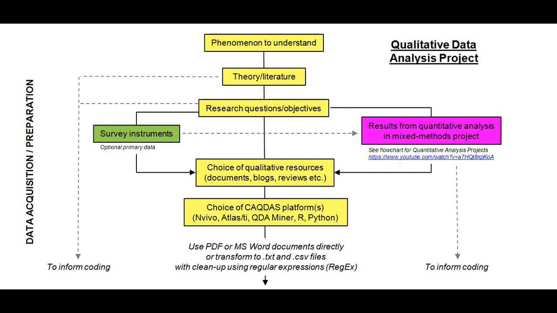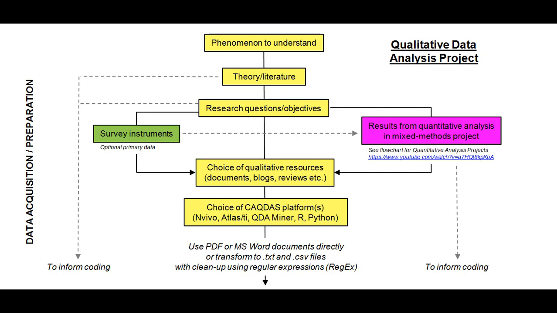The analysis of quantitative data in a mixed methods approach may also inform the choice of qualitative resources to be analysed. For computer-assisted qualitative data analysis, you will need to choose one or more software platforms to organize the resources and conduct the analysis in a transparent and reproducible way that adds validity to the results.